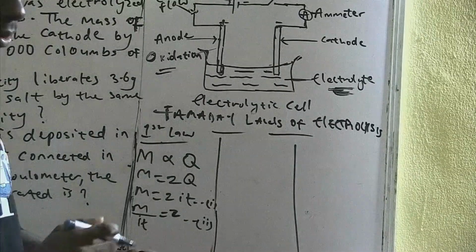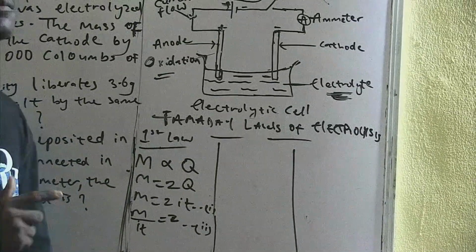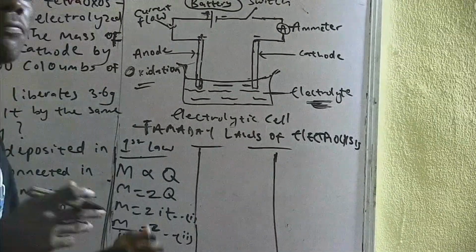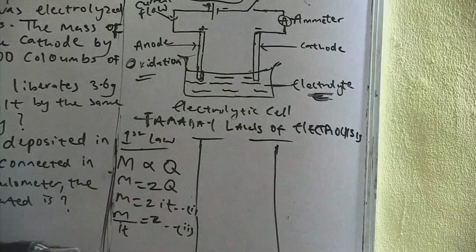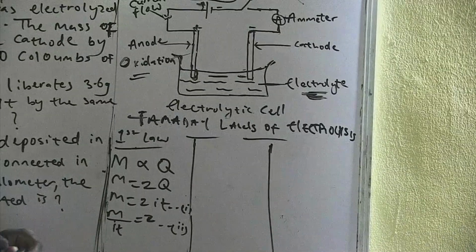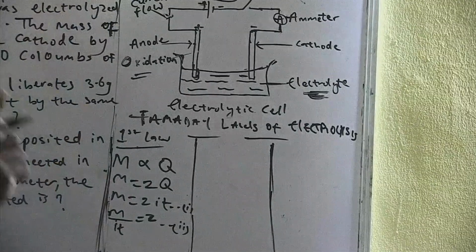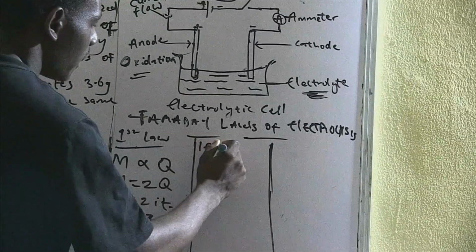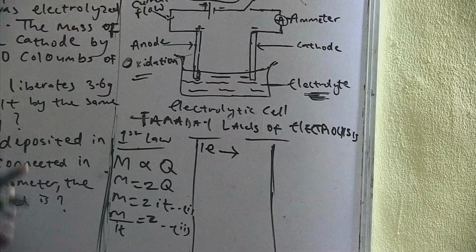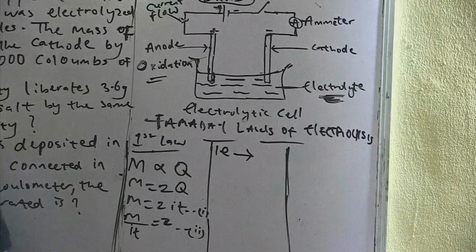Now, moving forward, there is a relationship between the Faraday, that is F, and the mole of electron. One mole of electron requires 96,500 coulombs to pass through it. Let me repeat myself.